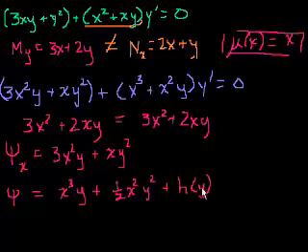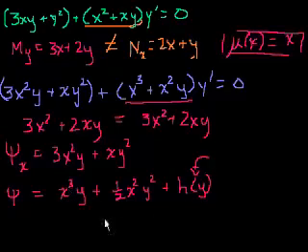So this is our xi, but we're not completely done yet because we have to figure out what this function of y is. And the way we figure that out is we use the information that the partial of this with respect to y should be equal to this. So let's set that up. What's the partial of this expression with respect to y?